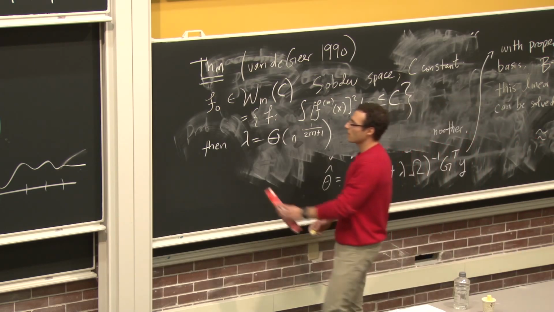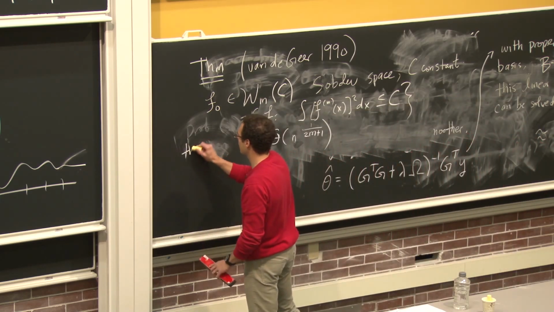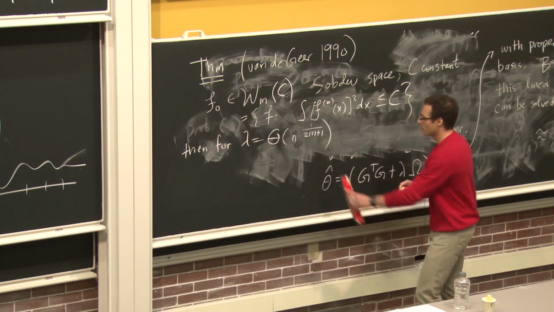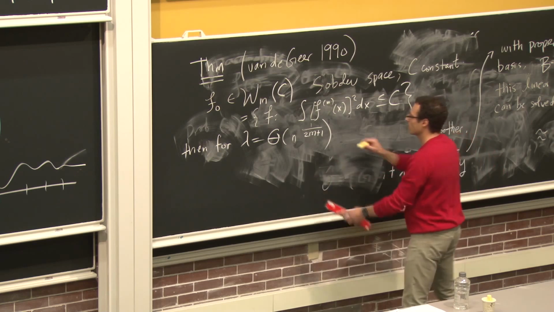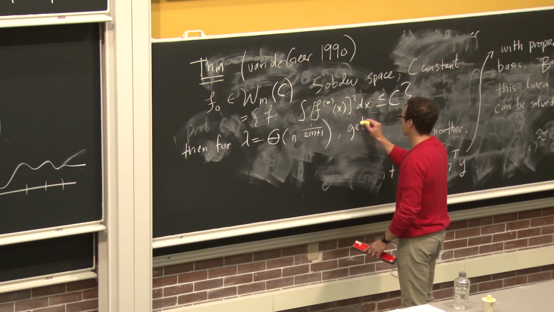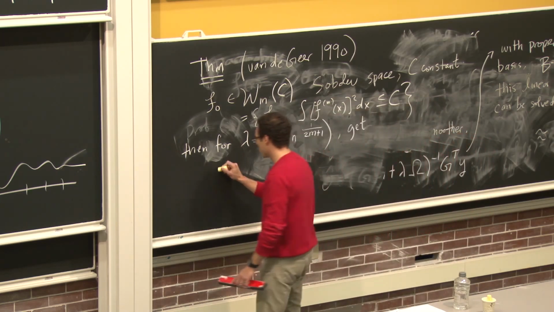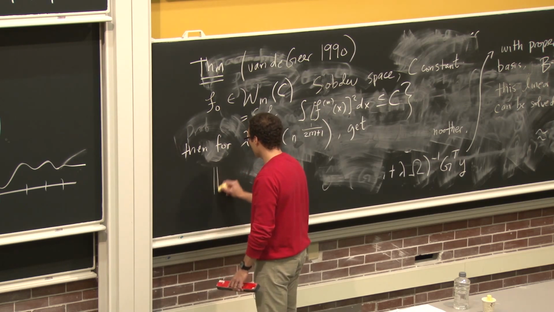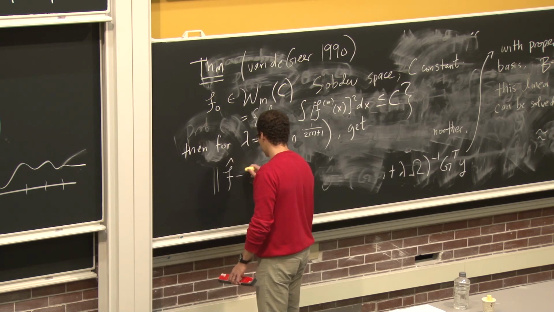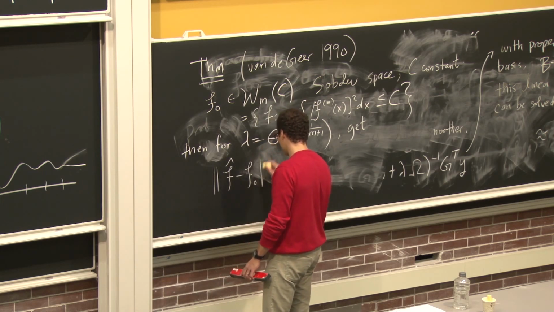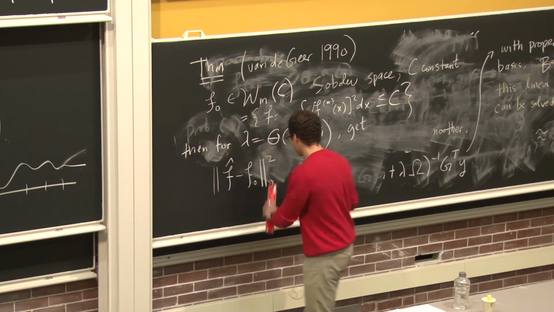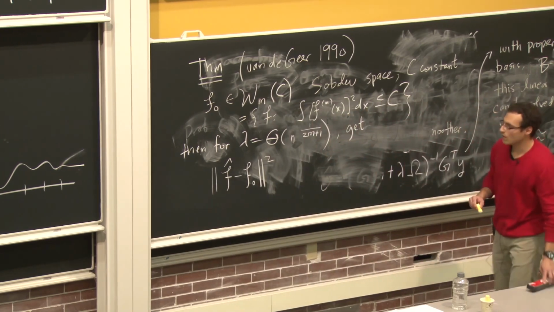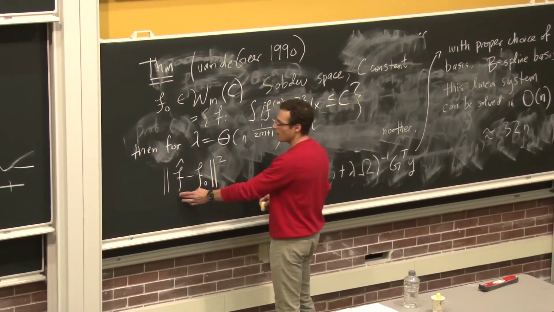Then with this choice of lambda, I get the following property, in whatever metric you like. Let's write this as the norm squared between f hat and f0.